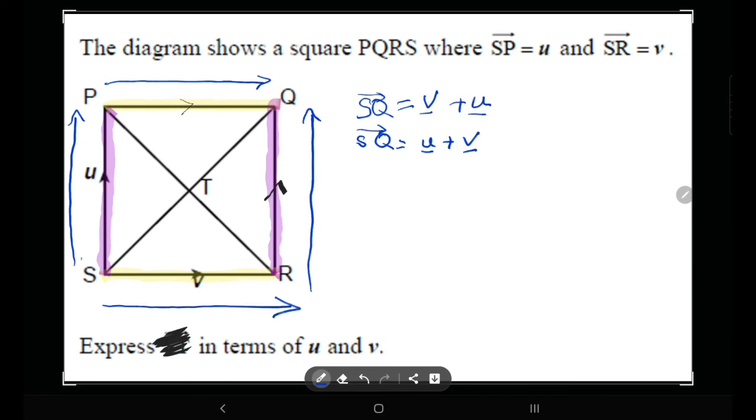In algebra, remember that if we have A plus B, that's the same thing as B plus A. And that's also true in vectors. It doesn't matter if it's 3 plus 2 or if it's 2 plus 3. You're both times going to get the answer of 5. So these are both the same.